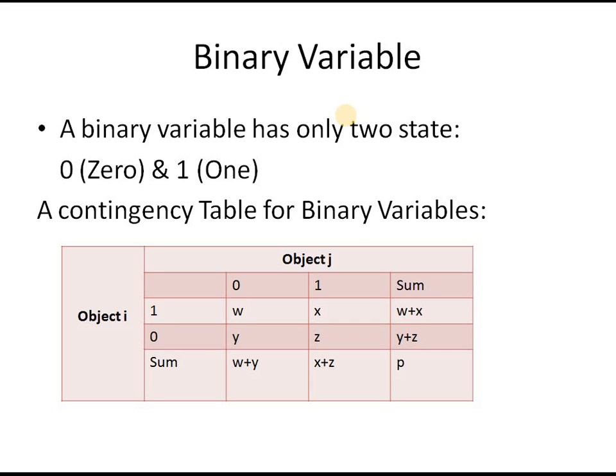Given two asymmetric binary variables, the agreement of two 1s is then considered more significant than that of two 0s. Therefore, such binary variables are often considered monary, meaning they have only one state. The dissimilarity based on such variables is called asymmetric binary dissimilarity.